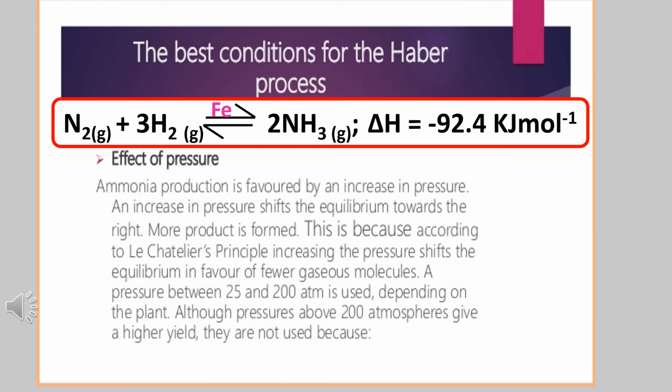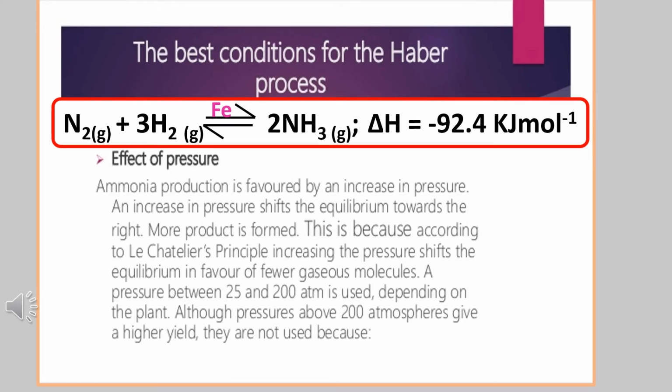This is because, according to Le Chatelier principle, increasing the pressure shifts the equilibrium in favor of fewer gaseous molecules. That is, 4 moles are converted into 2 moles. So we have to consider the forward reaction. So according to Le Chatelier principle, high pressure is needed for this reaction to get more yield of ammonia.